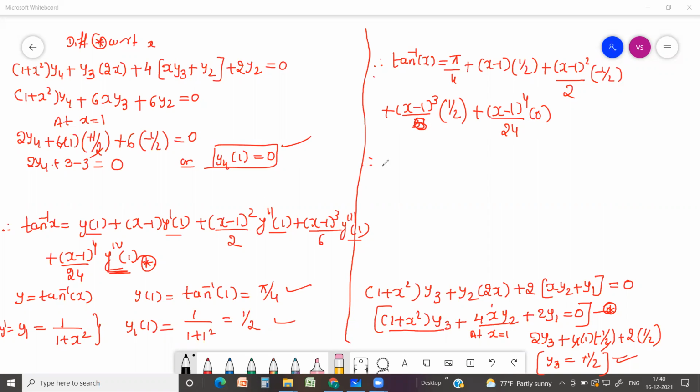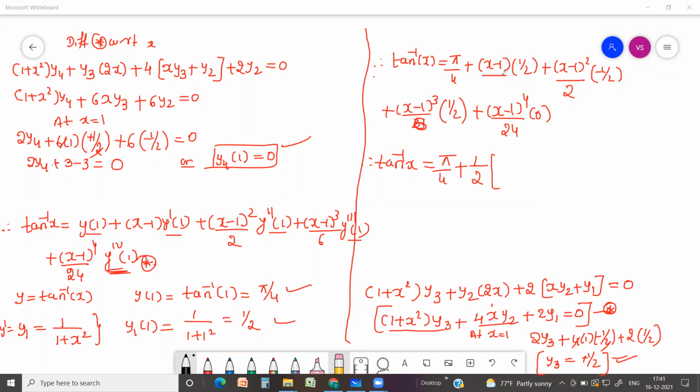Therefore, the tan inverse of x function expansion about the point x equal to 1 using Taylor series is pi by 4 plus, you can see 1 by 2, 1 by 2, 1 by 2 common everywhere. I'll take that 1 by 2 outside.